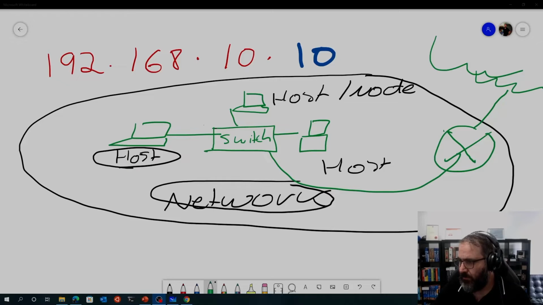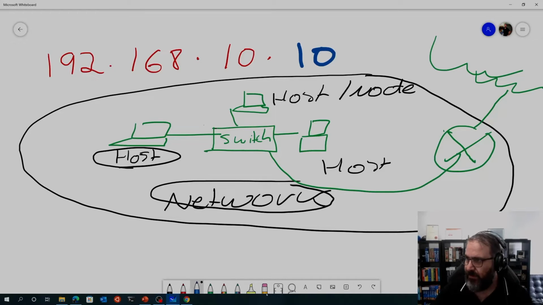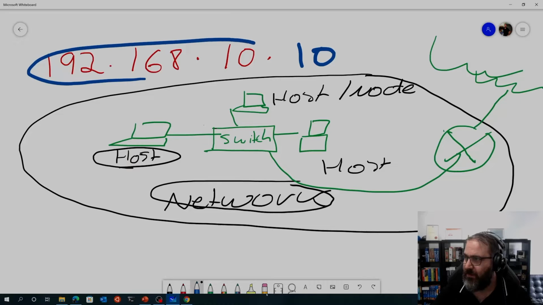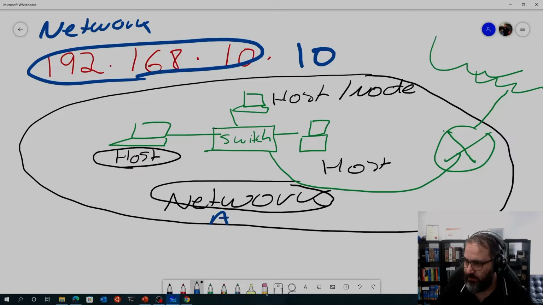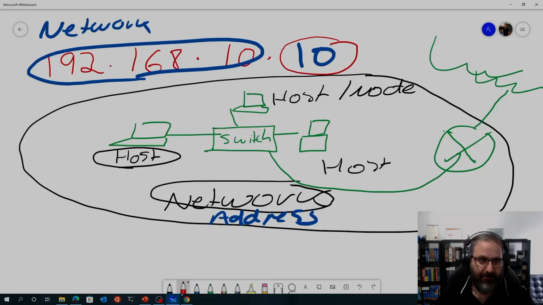So let's delve into this further. We have the network portion, and we have the host portion of this IP address here. So this over here is the network address. Just that first portion there. The second portion is a host address.